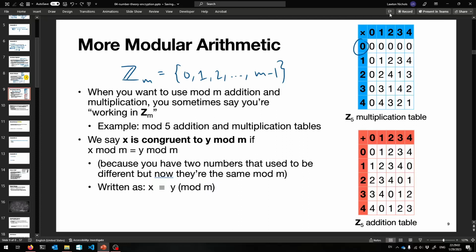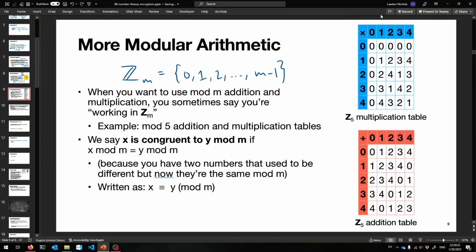That's just 0. If you try it out, hopefully it makes enough sense. And then addition works the same way. 3 plus 4, that's 7, but we're working in Z5, so you do mod 5 at the end of that, so it's 7 mod 5, that's 2. There's a finite number of numbers. There's only 5 numbers in each row and column, so there are only 5 numbers in Z5.